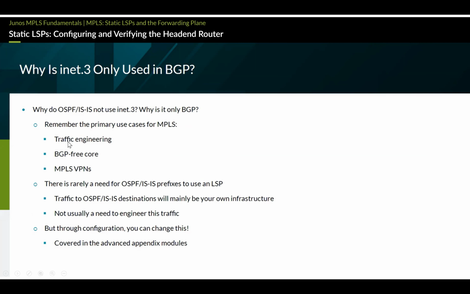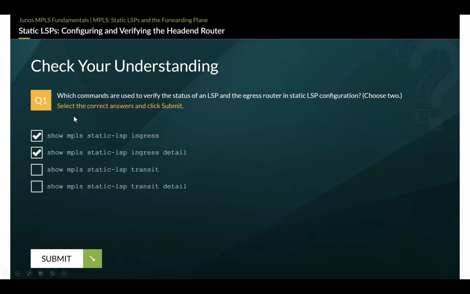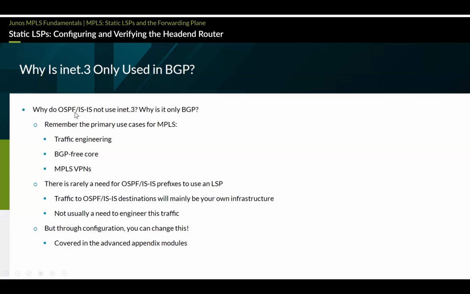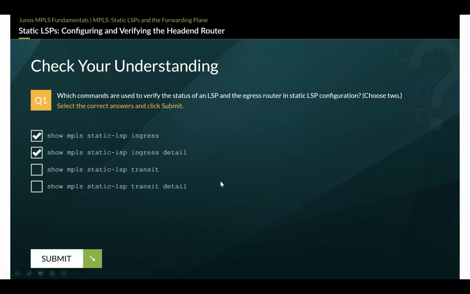We use MPLS for traffic engineering, BGP-free core, MPLS VPN, L2 VPN or L3 VPN. It is rarely used for OSPF or IS-IS prefixes to use an LSP. Nothing important. So BGP uses this.